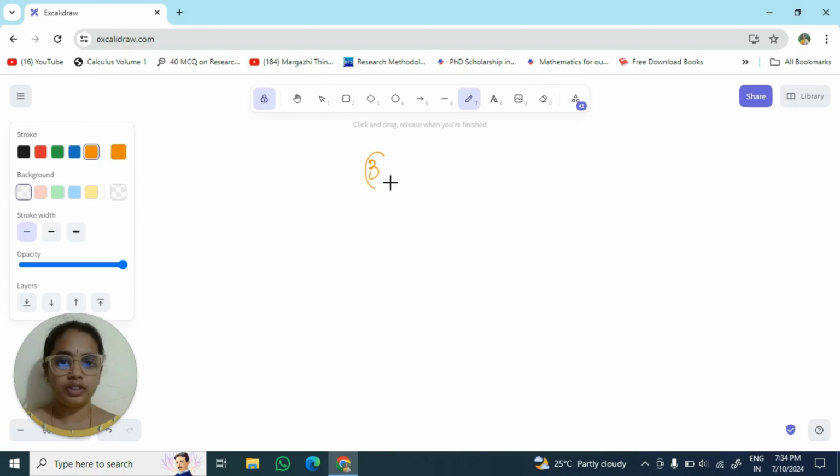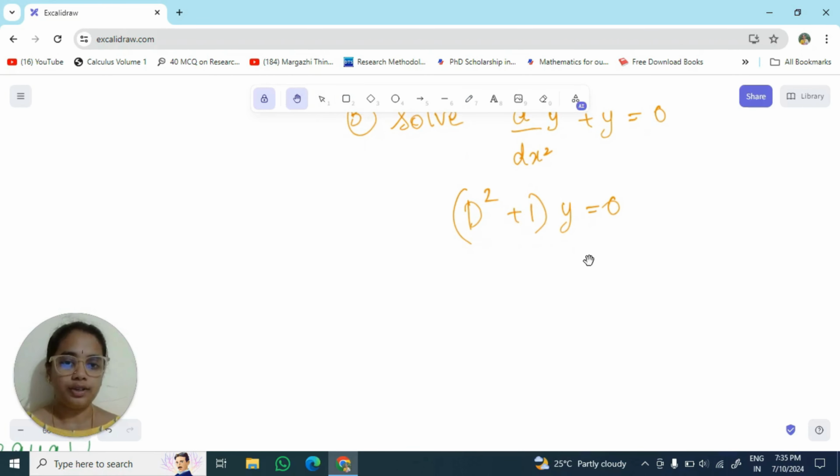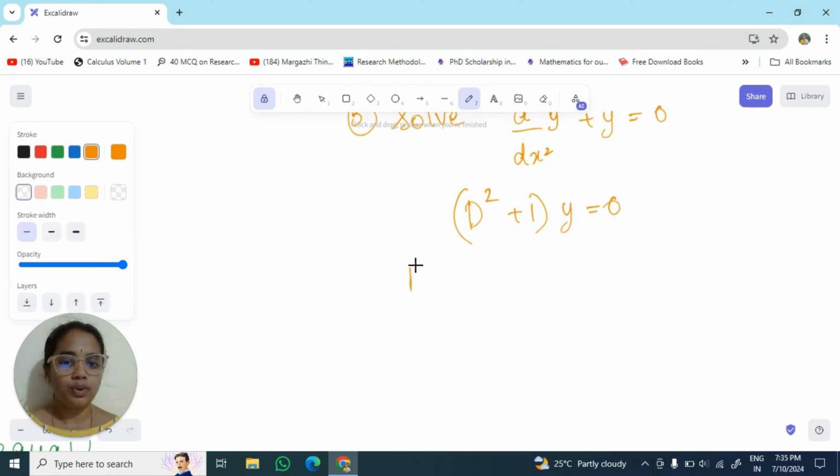So let us solve the third question, that is solve d square y by dx square plus y is equal to 0. So if we replace d by dx as D, we would be getting (D square plus 1) whole thing into y is equal to 0. Right. So what would be our auxiliary equation over here?